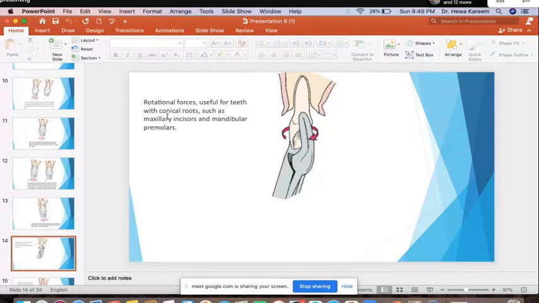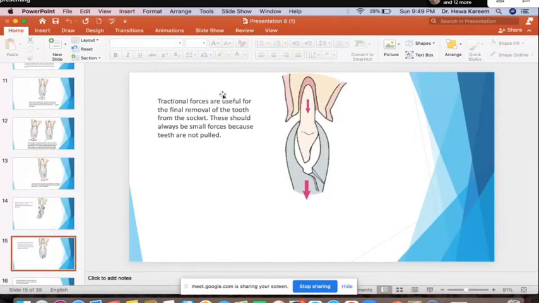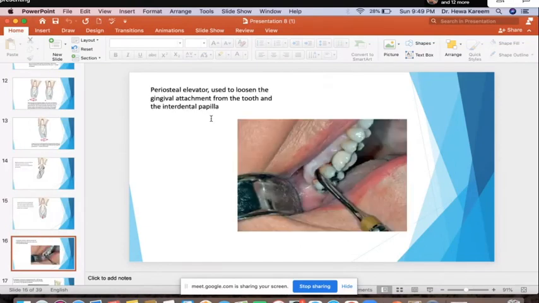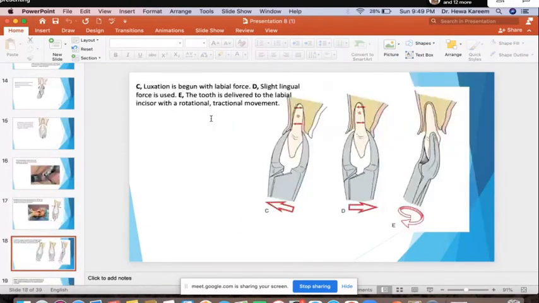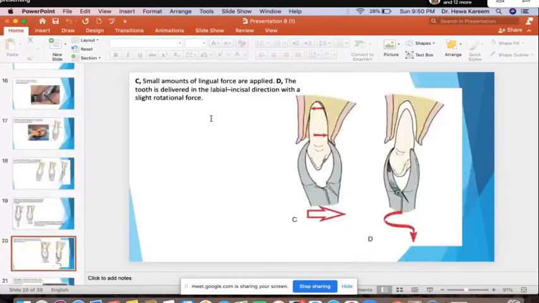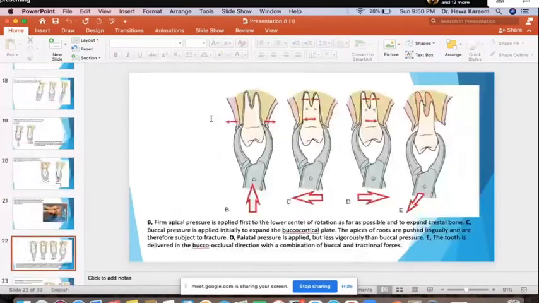This is rotational force, and tractional force are useful for final removal of the tooth from the socket. And for all teeth, move the tooth buccally and palatally.